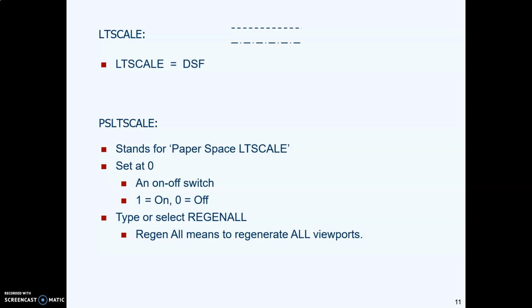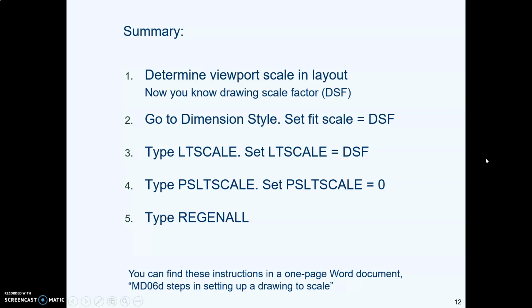So you have to regenerate so that it reprocesses whatever that system variable is. And because this variable relates to having multiple viewports, you need to tell it, look, whatever viewport you're looking at, regenerate that one, regenerate all of them. So type REGENALL.